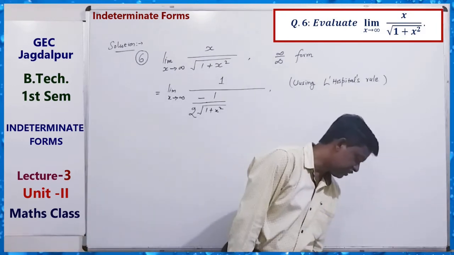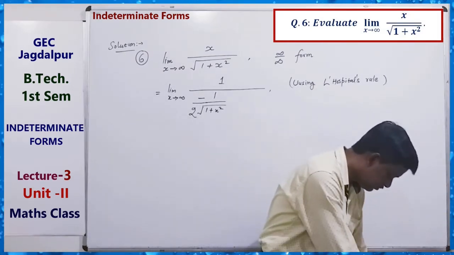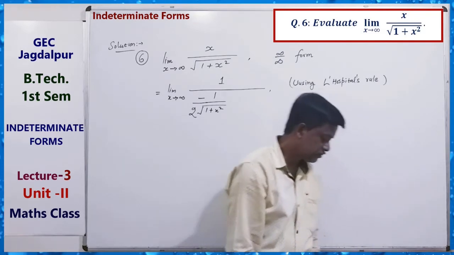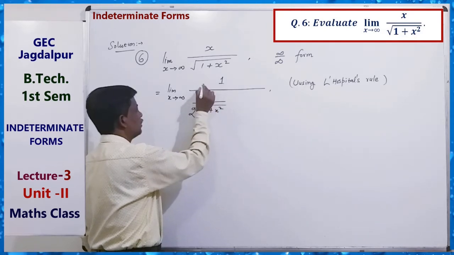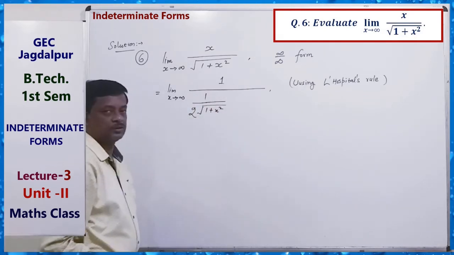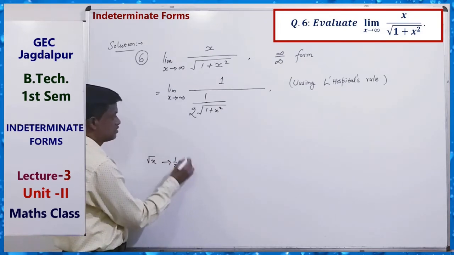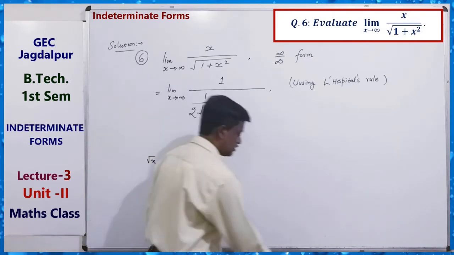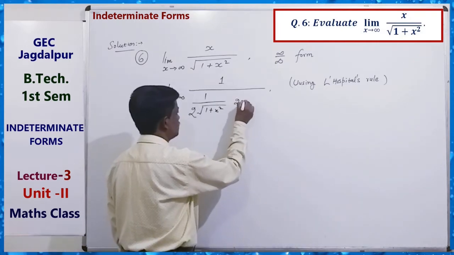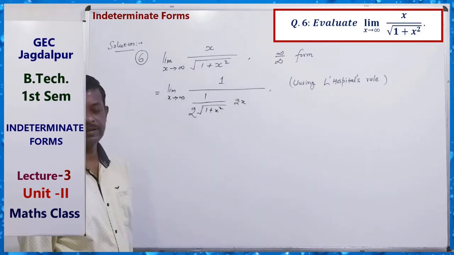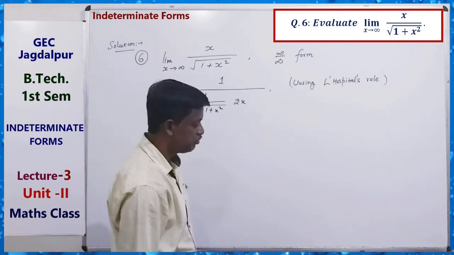Differentiation of root x is 1 by 2 root x, and also the differentiation of 1 plus x square is 2x.